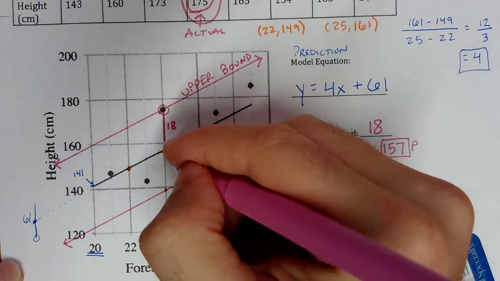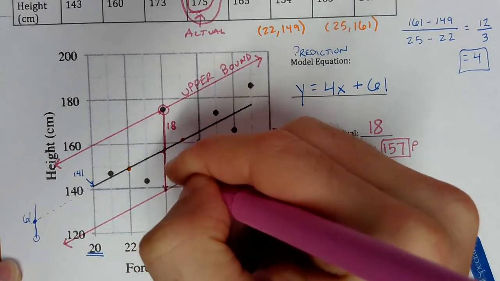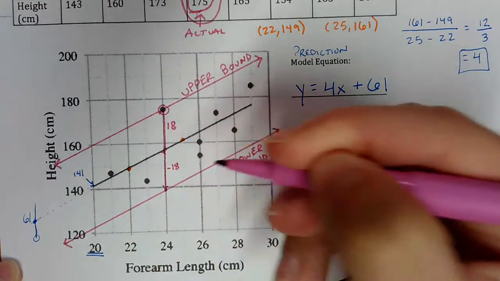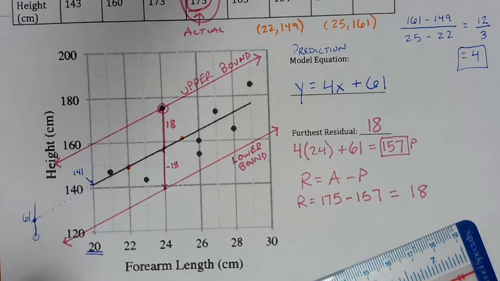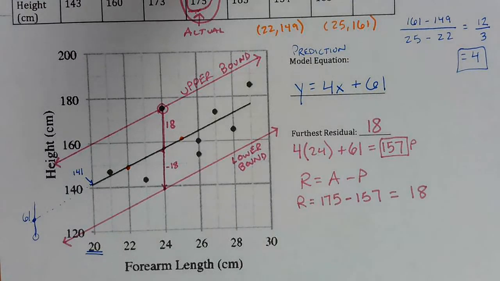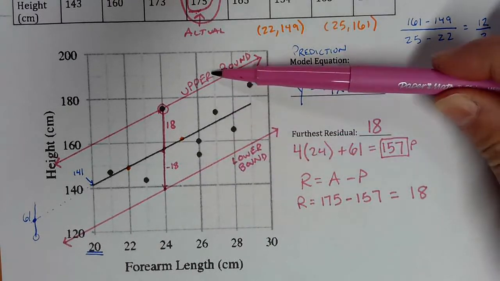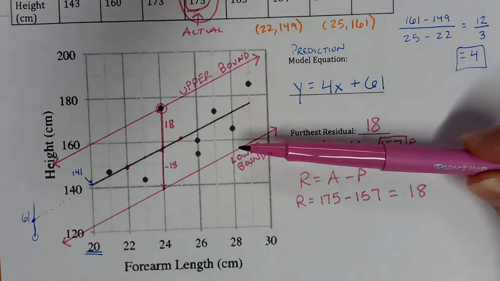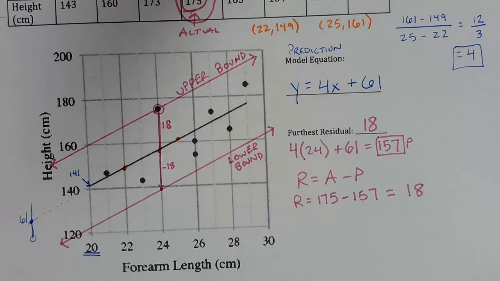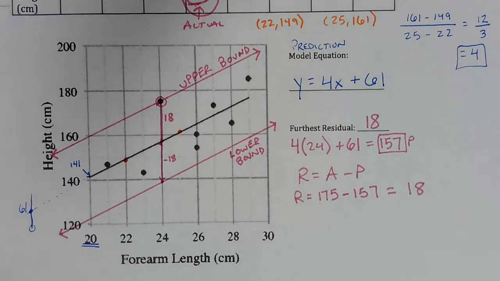And again, it's also 18 away. What we're stating here is something unique. We're basing the distances of these two boundary lines on that furthest residual. In the scheme of things, we're taking the furthest actual data point and saying, okay, that's the furthest one away.